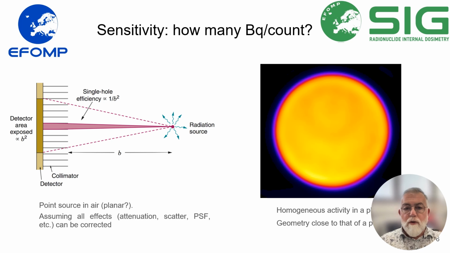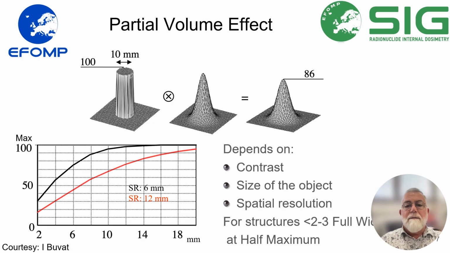The other approach, which I would say is probably more spread, is to use a phantom like a JSEC phantom, a water tank with homogeneous radioactivity distribution inside, and with a volume, if not a geometry, but at least a volume that looks like what you will have in real life with a patient. So then you have to correct for partial volume effect.